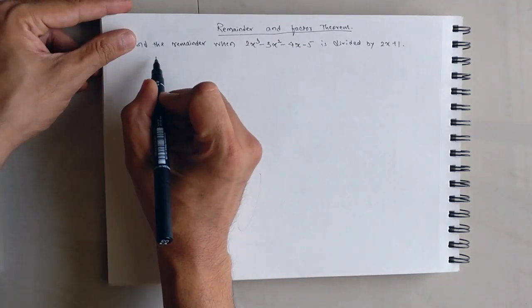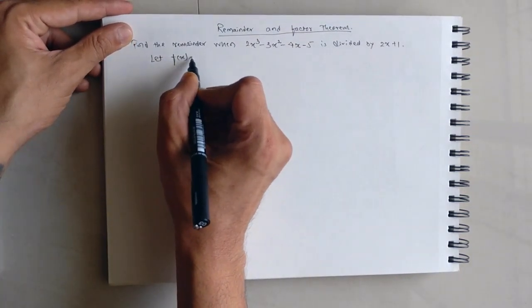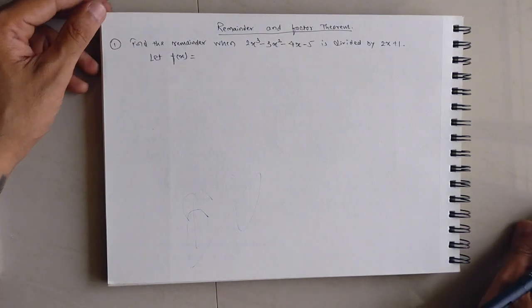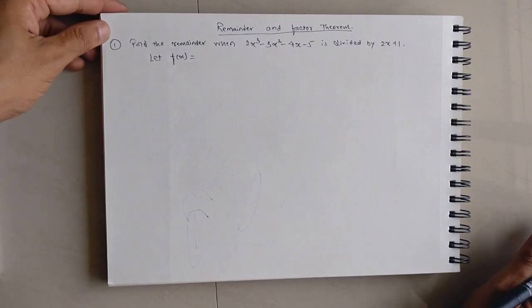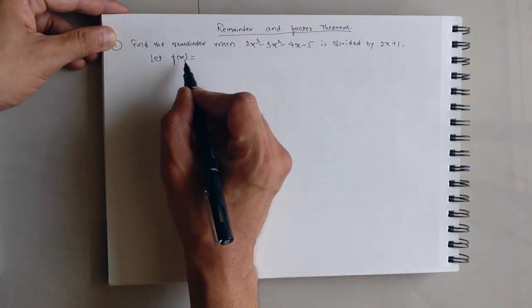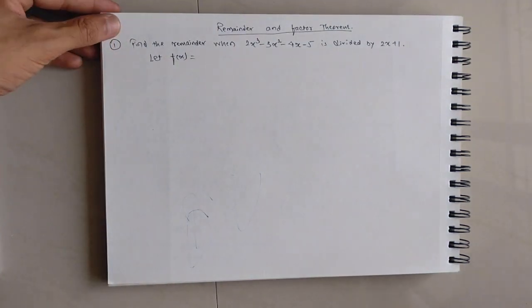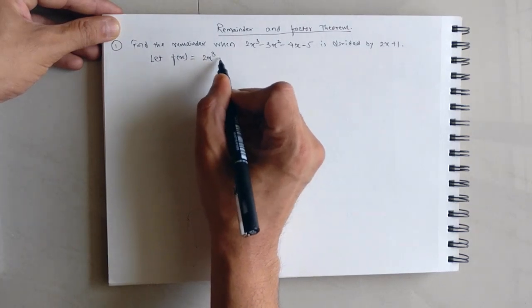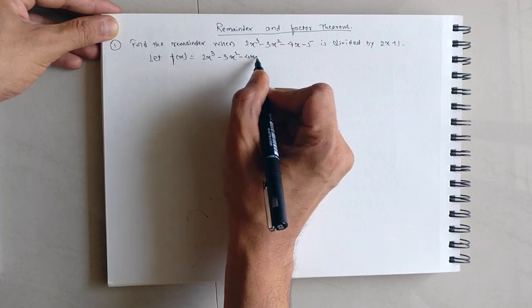So let f of x, now any polynomial or algebraic expression can be given a name. So the name which we will be giving to this polynomial will be f of x. F bracket x is known as f of x. F of x is equal to 2x cube minus 3x square minus 4x minus 5.